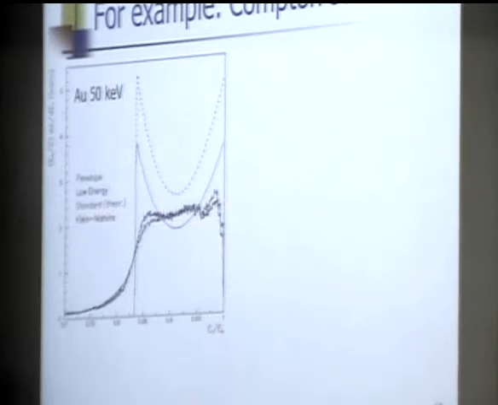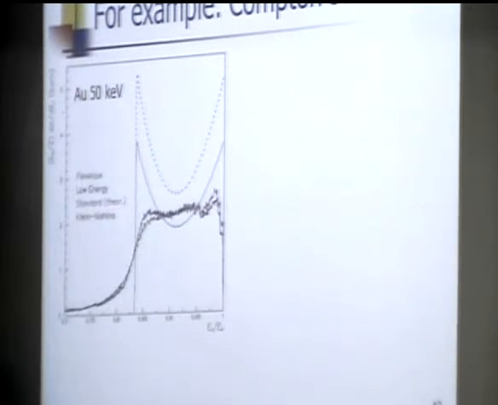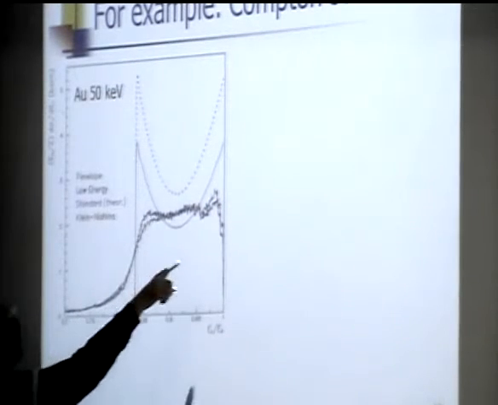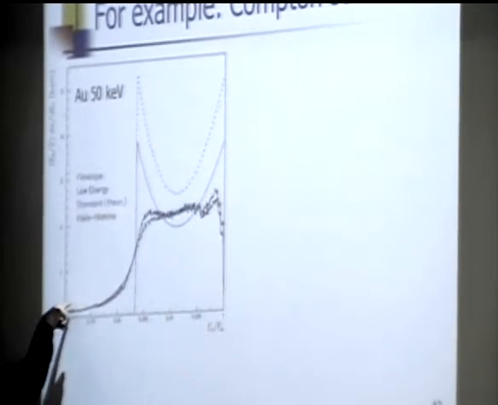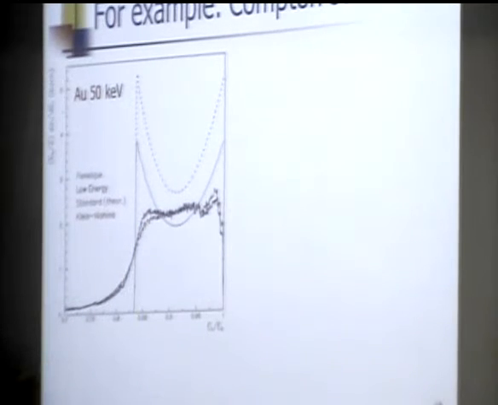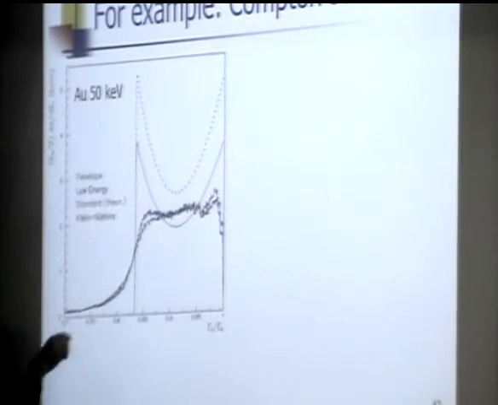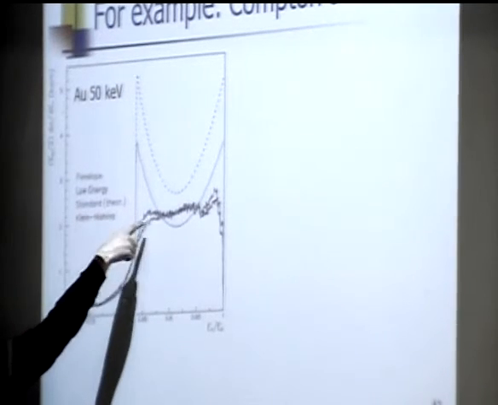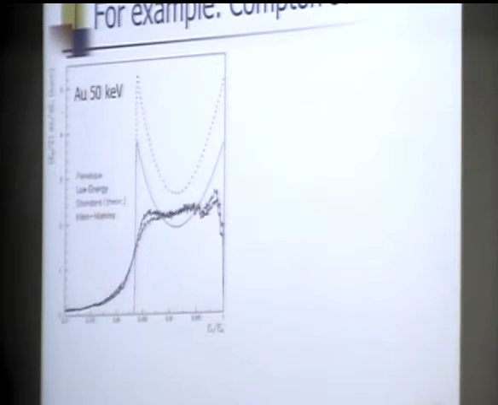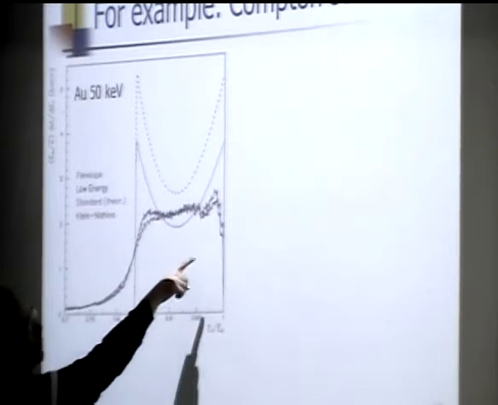While if you take into account that the approximation of the electrons at rest does not work, you get a profile like that, in which you really smear out the Compton edge. You don't have a sharp edge here, but you have a transition, which is due to the fact that the electron is carrying some momentum.